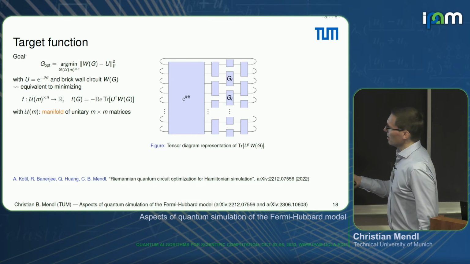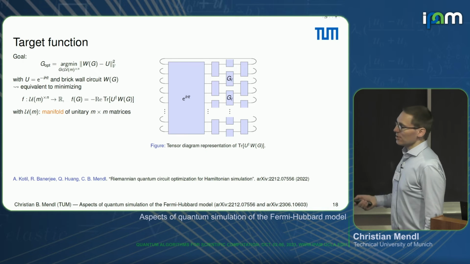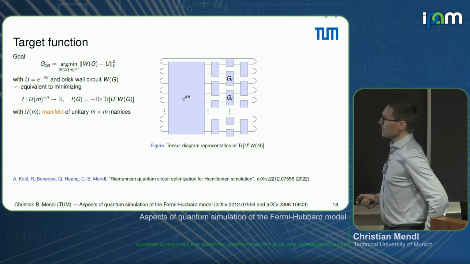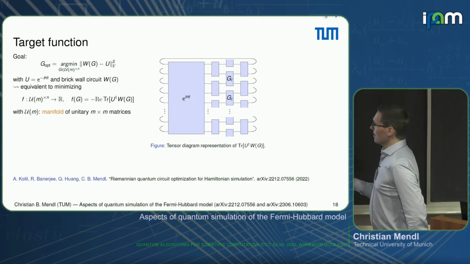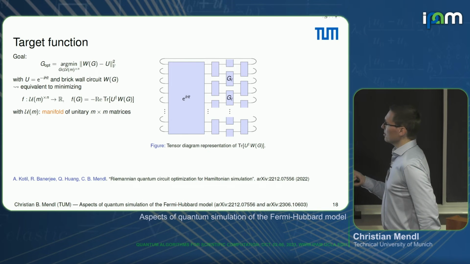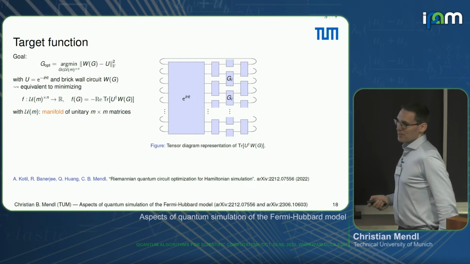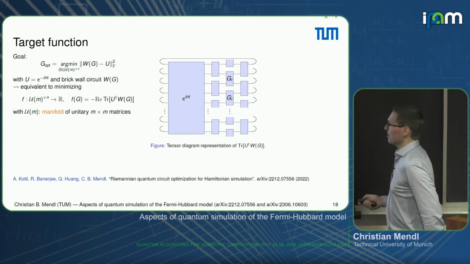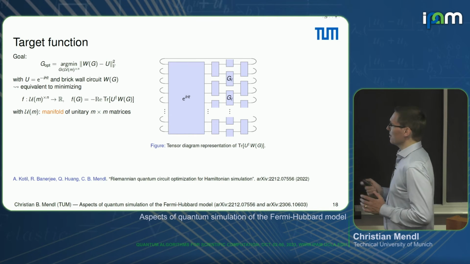The periodic connections are just due to the trace. So this is our tensor diagram, which we want to minimize with respect to the G gates here. And now the funny thing is, if you compute gradients, you basically just cut holes into this tensor diagram.